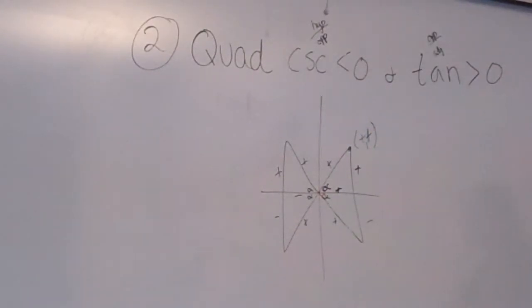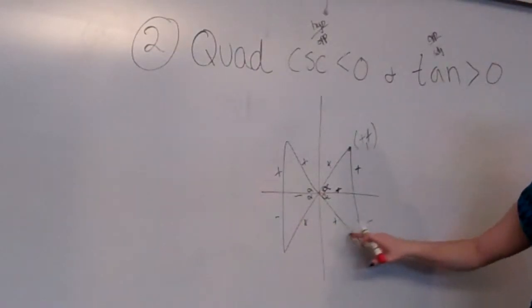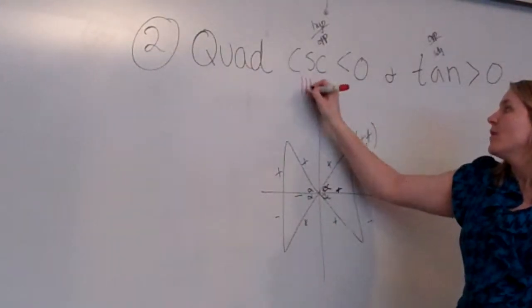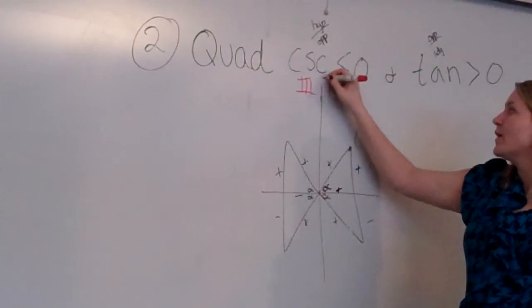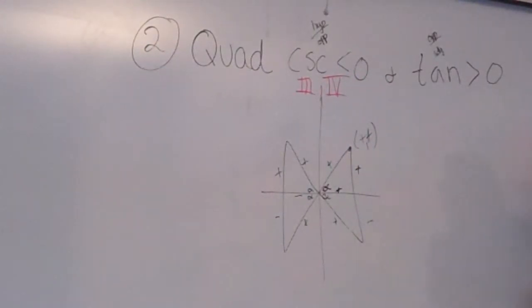There should be 2 of them. 3 and 4. Because opposite over hypotenuse is negative in 3 and 4. So in 3 and 4, cosecant's negative.